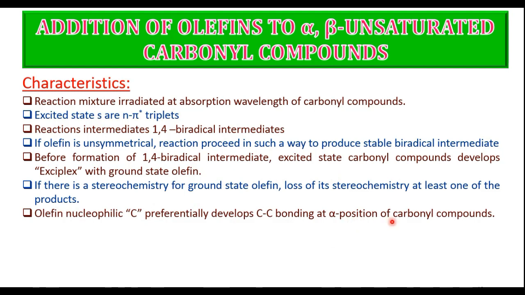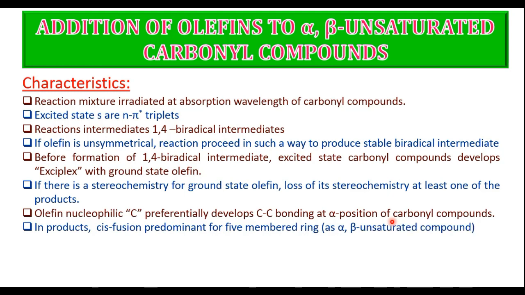In the product, cis fusion is predominant for 5-membered rings. When the alpha beta unsaturated carbonyl compound is a 5-membered ring, the cis product is major.